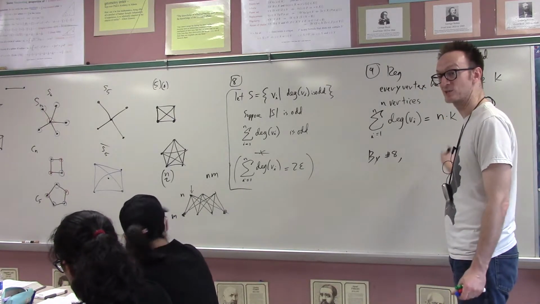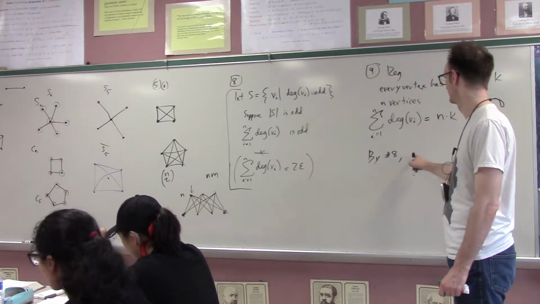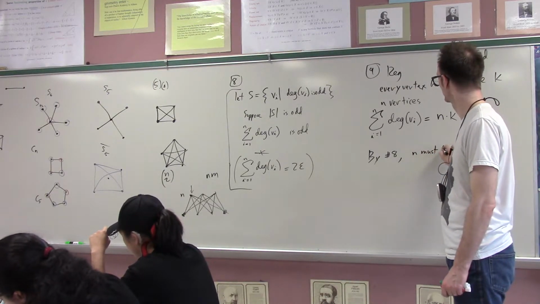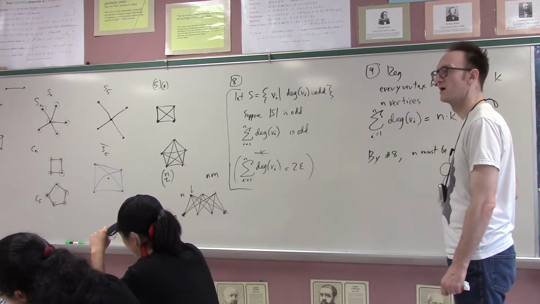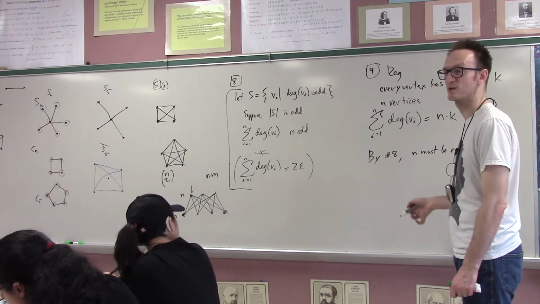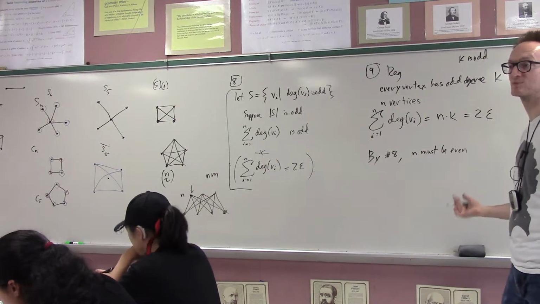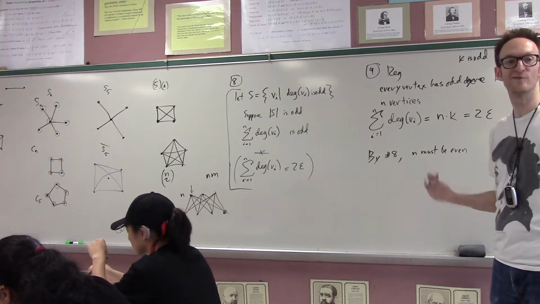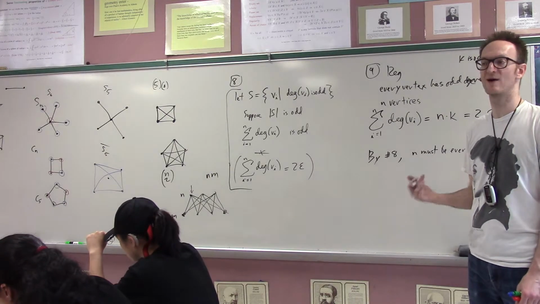As this graph has all vertices of odd degree, n must be even. In other words, there must be an even number of vertices in this problem, because there can't be an odd number of vertices, because if they all had odd degree, that would violate the handshake theorem.